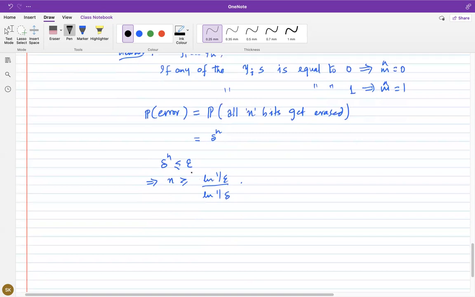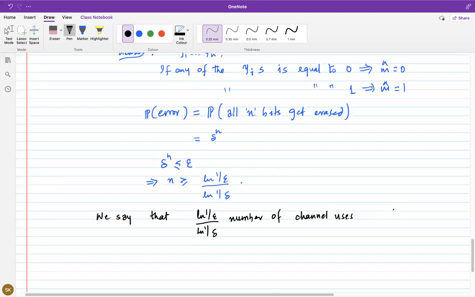So if the probability of error is upper bounded, or the probability of error is less than epsilon, we say that at least these many number of channel uses are required to transmit a single bit message.